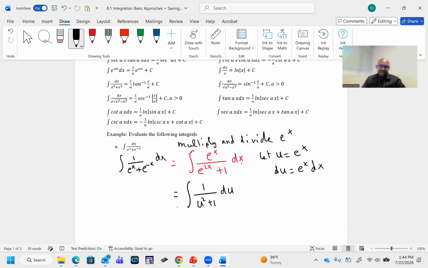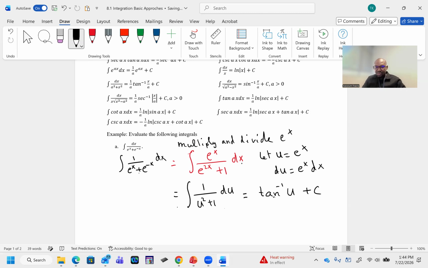And if you look at my integral, this looks like what? This one, right? The integral of dx over a squared plus x squared, which is tangent inverse. I know my a is 1 because 1 squared is 1. So this will be equal to tangent inverse of u plus c, because a is 1, right?